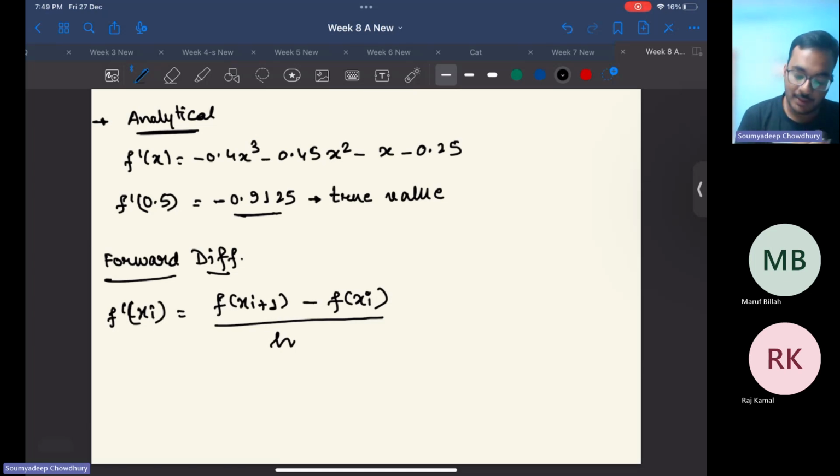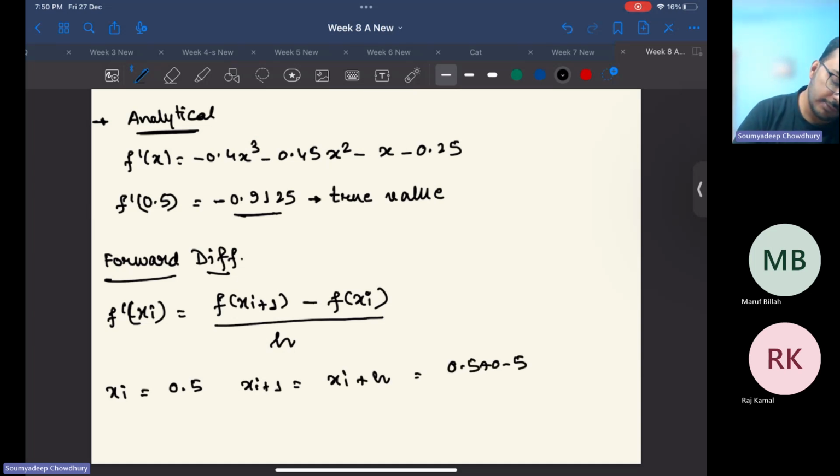So what is my xi and xi plus 1? Your xi is 0.5 here, the value at which you want to find the derivative. Xi plus 1 is xi plus h, so 0.5 plus 0.5 is 1. For backward difference, xi minus 1 is 0.5 minus 0.5, which is 0.